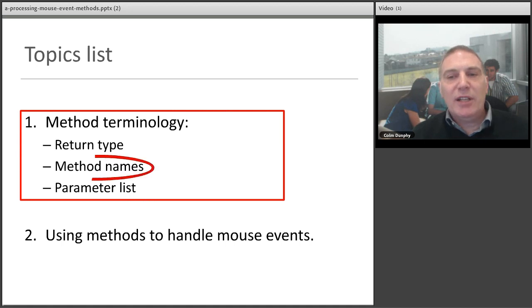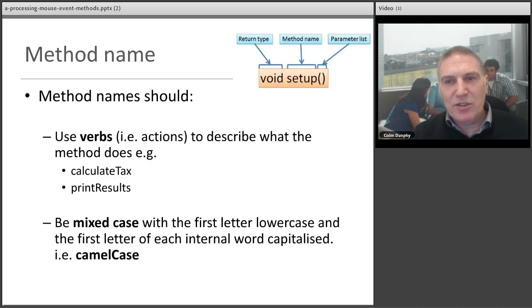Let's move on now and look at method names, and the rules for the method names that you can use. Methods are functions. You're doing something, so we use verbs, which are action words, to describe what the method does.